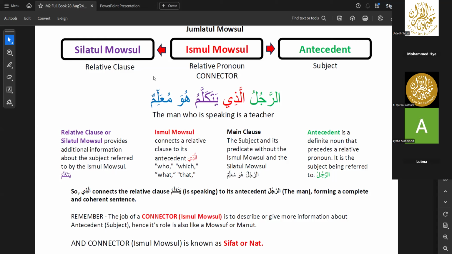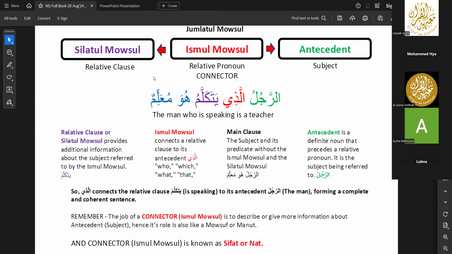Allazi is ismul mawsul. So whatever comes after allazi, that is silatul mawsul. Then again, from within the silatul mawsul, we can describe the rest of the sentence as well. Very good point. I was going to bring it up because the question was: allazi yatakallamu, is it silatul mawsul, or allazi yatakallamu huwa muallimun?